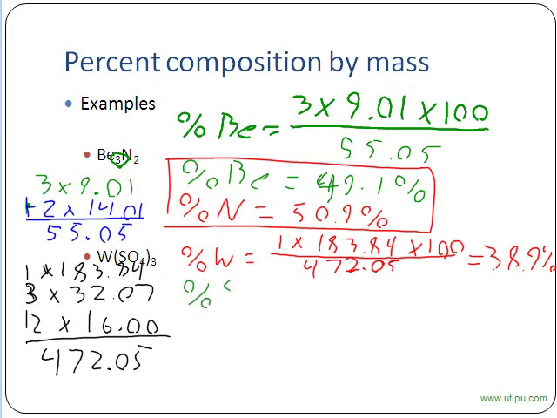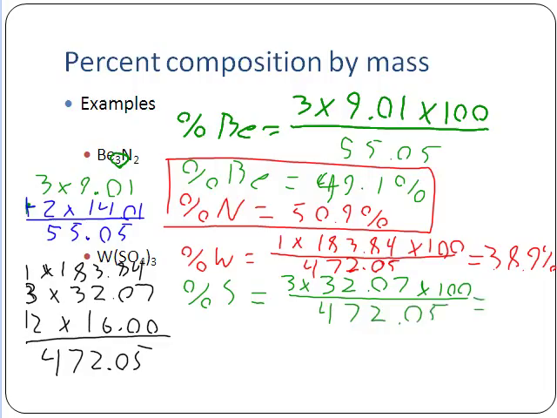So we'll say percent of sulfur. To do sulfur, how many sulfurs do we have? We have 3 here. So 3 times the mass of sulfur, which is 32.07, and then times 100 to get into percent, divided by the total mass, 472.05.